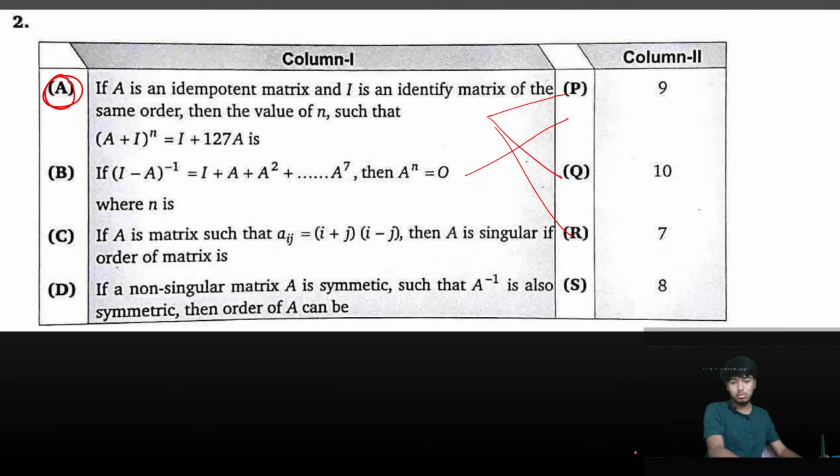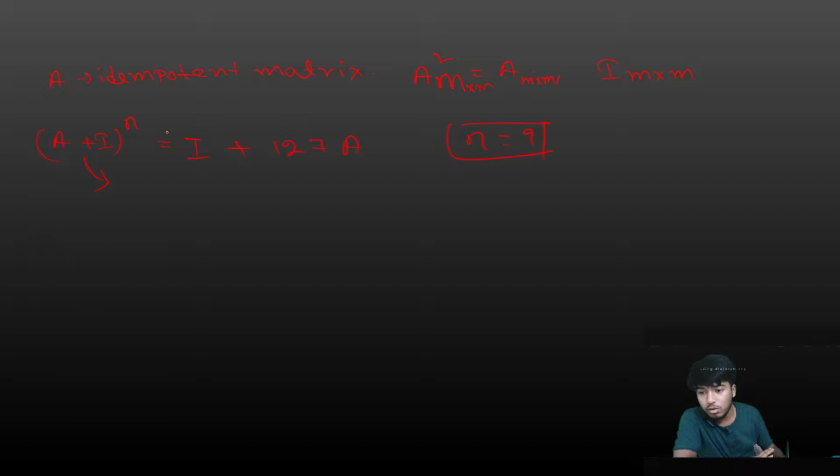So use this property, and we use another identity. What is this? (A + B)^n. This formula is from the binomial theorem. If anyone doesn't know this formula, please Google it and you can see. Otherwise, in further classes we will discuss this formula.